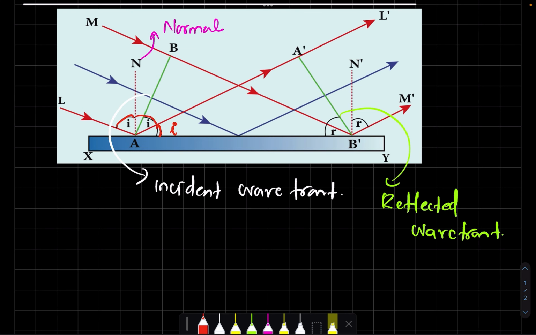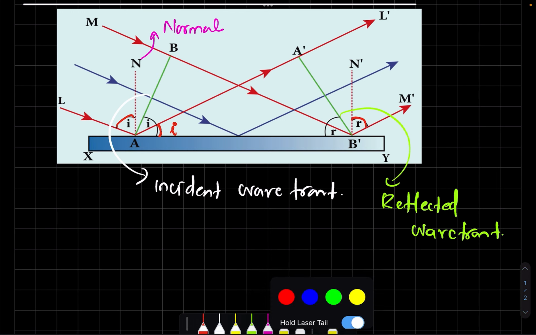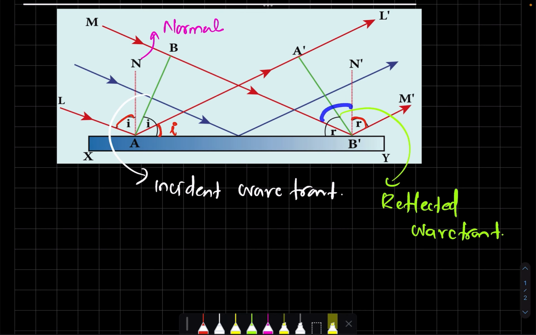Because this is going to be 90 minus I, and this will be I. So I can consider this triangle, and this is nothing but I. In the same way, if this angle is R, then this angle is 90 minus R, and then this angle is R.